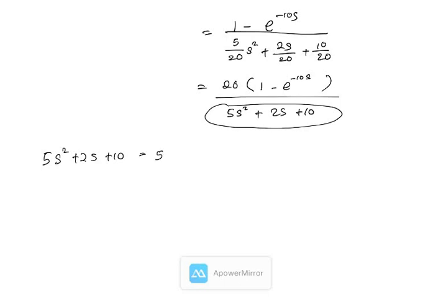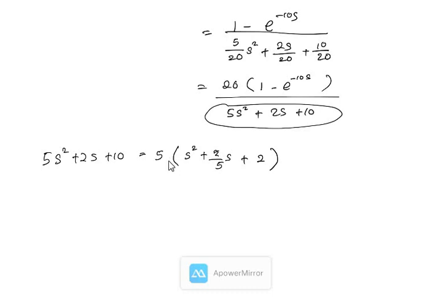We take out the 5. So you have s squared plus 2 over 5 s plus 2. So we can rewrite into this form. We factor out the 5.